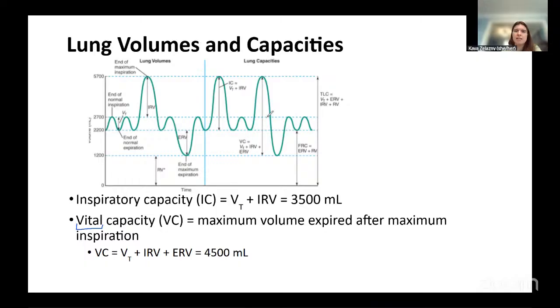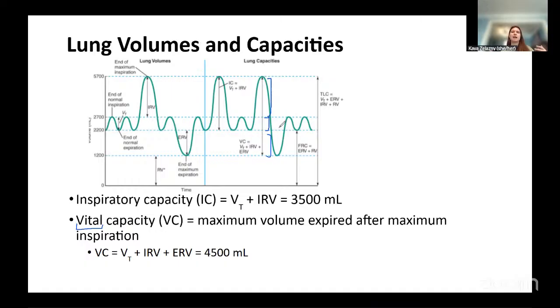So that's your tidal volume, that easy breath in and out, plus your inspiratory reserve volume, that extra you could breathe in, plus also all that extra you could breathe out. So your vital capacity, you'd measure in a patient if you told them, okay, breathe out all the air you can, and then suck in all the air as deeply as you can.